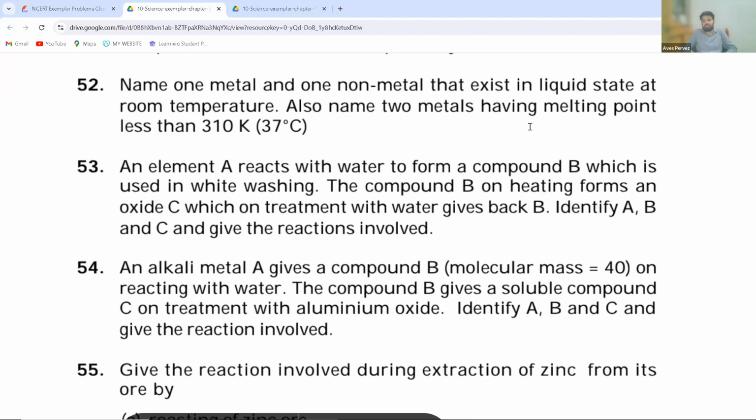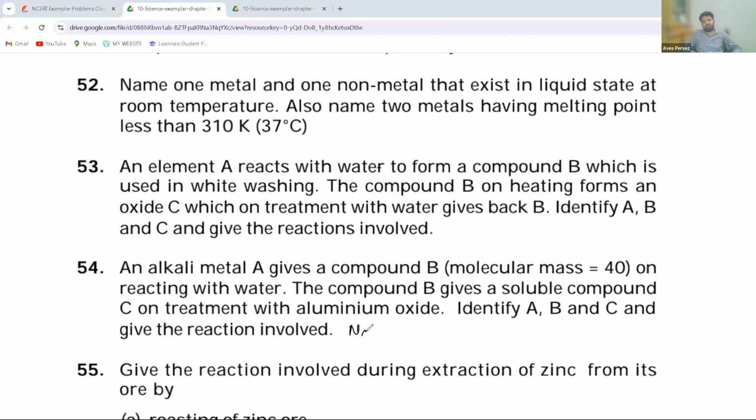What should be A, B, and C? Sir, A is sodium. And B? Sir, B is NaOH. And C? Sodium aluminate. Yes, it is correct. An alkali metal gives a compound B on reaction with water.